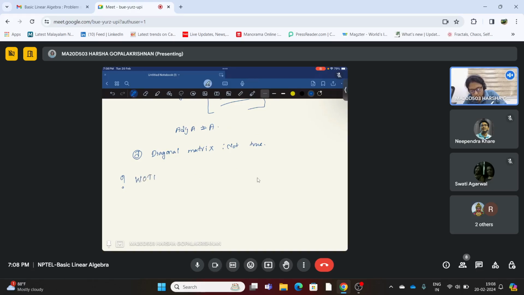Which of the following are true? Everything is simple questions. Just give a counter example or use the known results to figure it out. The first one is: if A equals A inverse, then determinant of A equals 1. Can anyone give either the proof or a counter example?